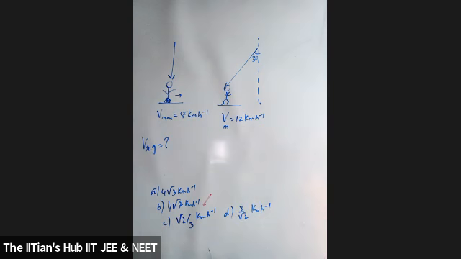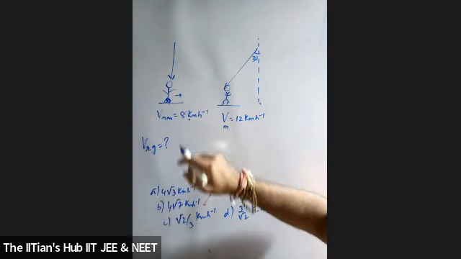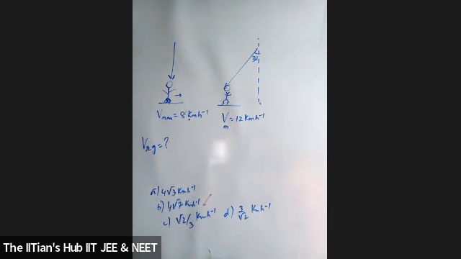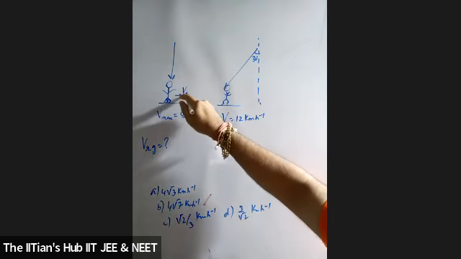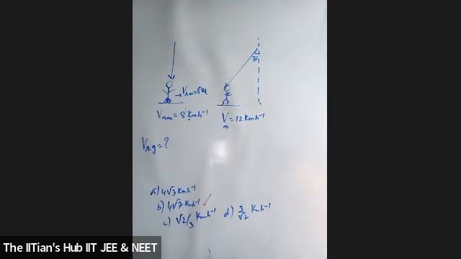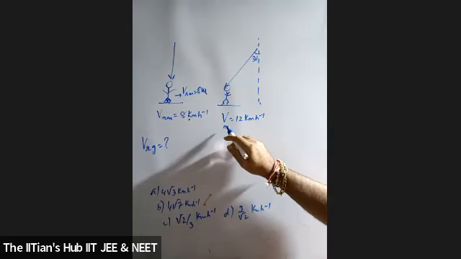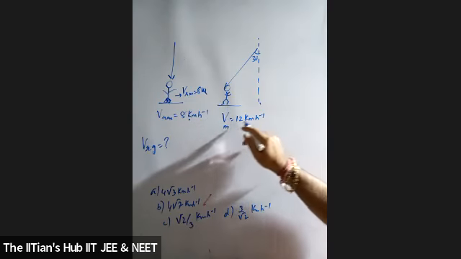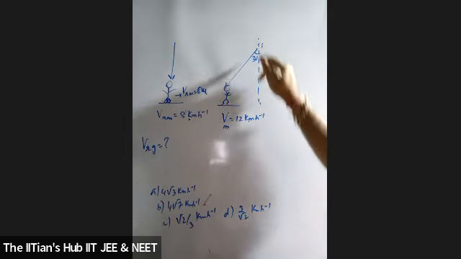Students, the velocity of the rain with respect to man is given to you. ये तुम्हें दिया है 8 kilometers per hour when he is walking. So what exactly is the velocity of rain with respect to man? 8 kilometers per hour. And students, तुम्हें vertical velocity is actually known to you in that case. तुम्हें क्या दिया है? The velocity of man when he runs with 12 kilometers per hour, the rain is inclined at an angle of 30.